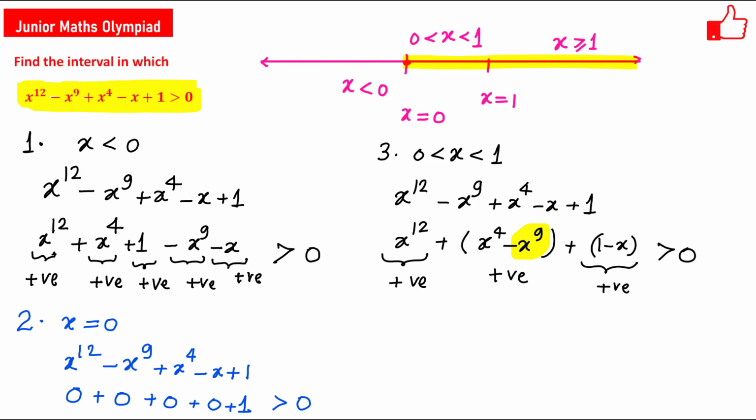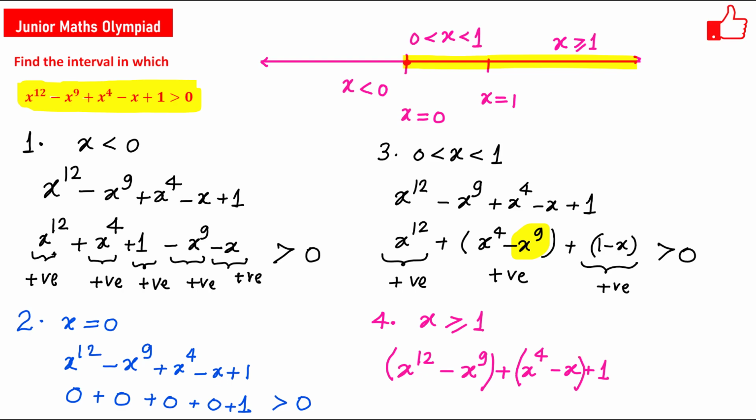Now let us consider case 4, and in this case you have x greater than or equal to 1. So the expression is x raised to the power 12 minus x raised to the power 9 plus x raised to the power 4 minus x plus 1. Now let us club these two terms together and these two terms together, and 1.